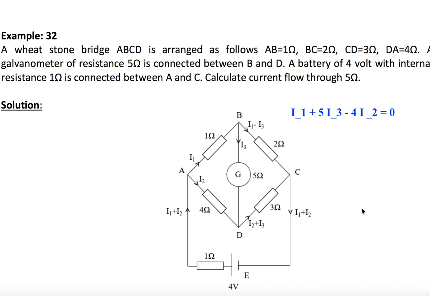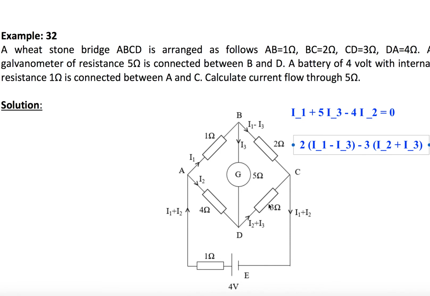What about BCDB? BCDB, the equation is 2 into I1 minus I3 minus 3 into I2 plus I3, because the currents are coming towards you.